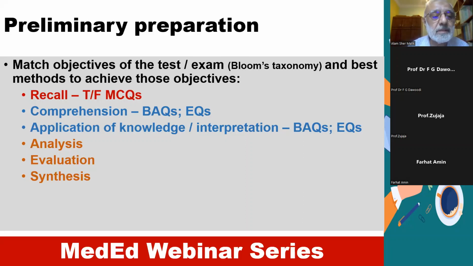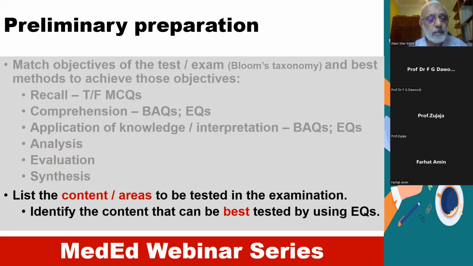For comprehension and application of knowledge, both single best answer questions and essay questions can be used. However, when it comes to the higher levels of analysis, evaluation, or synthesis, the essay question is the most suitable choice to assess this level.